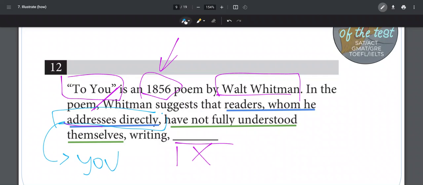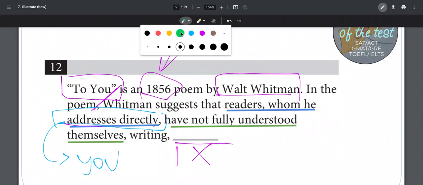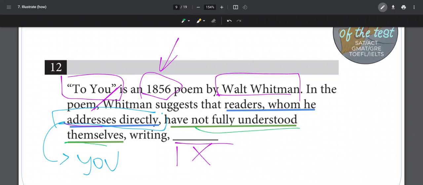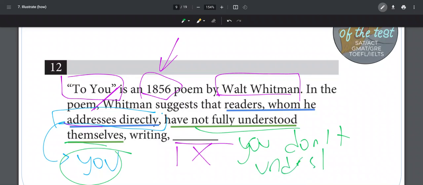And the second part, the green part, says have not fully understood themselves. So we're looking for something in which they say you, and then something like, you don't understand yourself.